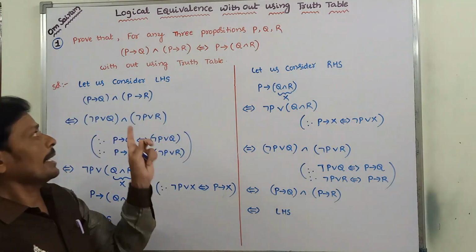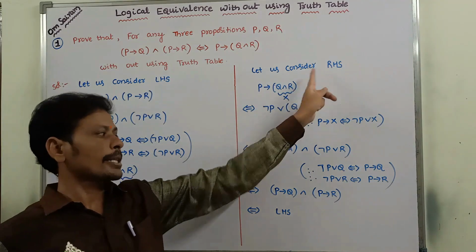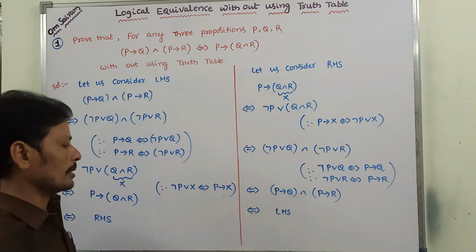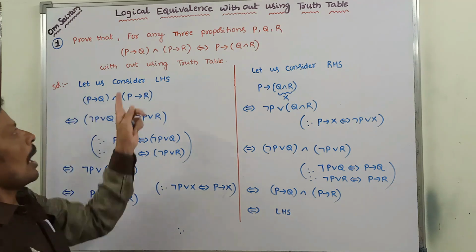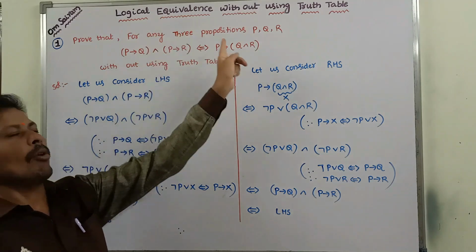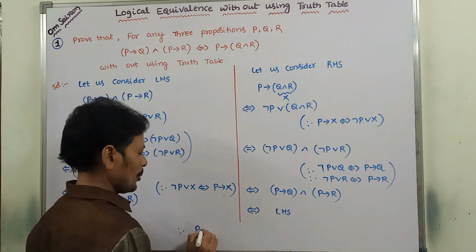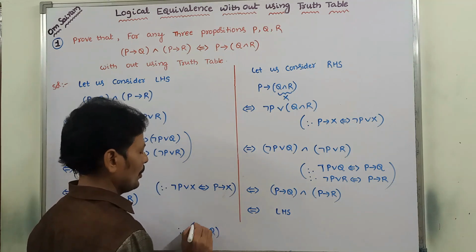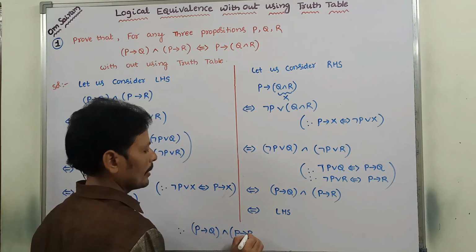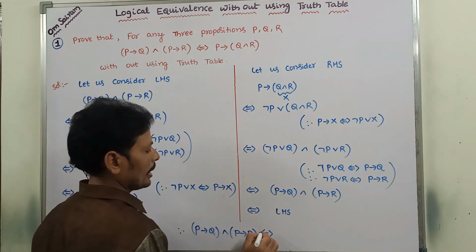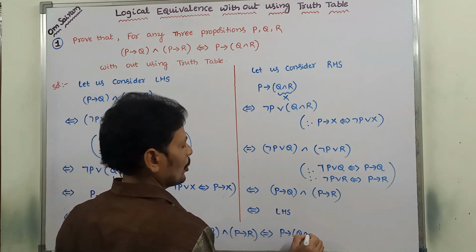Hence we can say that this compound proposition is logically equivalent to that compound proposition: (P → Q) ∧ (P → R) is logically equivalent to P → (Q ∧ R).